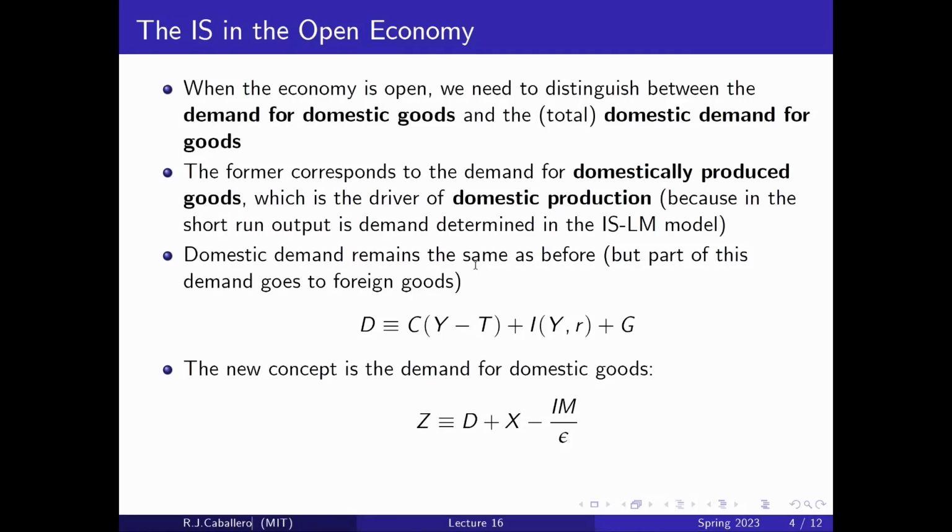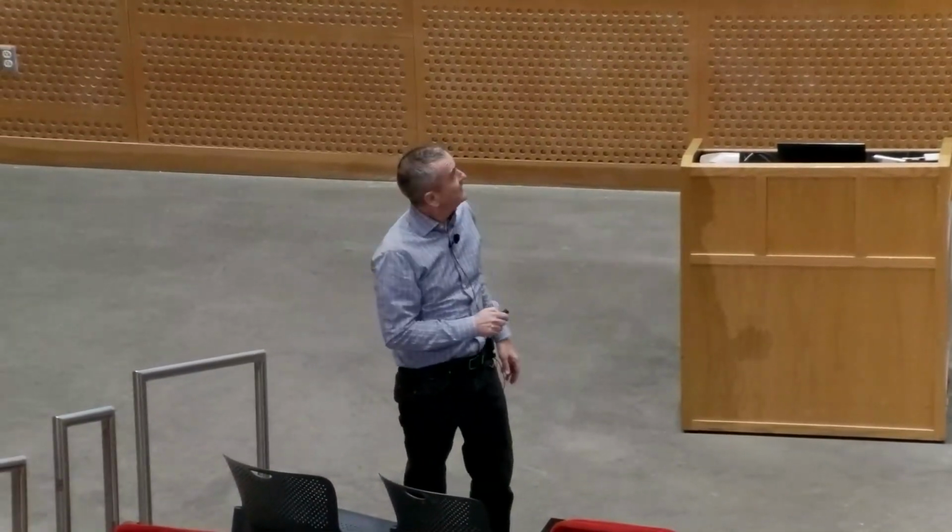Okay? Now, something that we didn't need to worry about, but we're going to have to worry about here a lot, is that there is a distinction between the demand for domestic goods and the domestic demand for goods. Okay? No, this can be tricky. But okay, there's a difference between demand for domestic goods versus the domestic demand for goods.